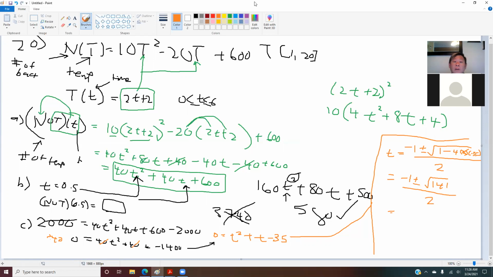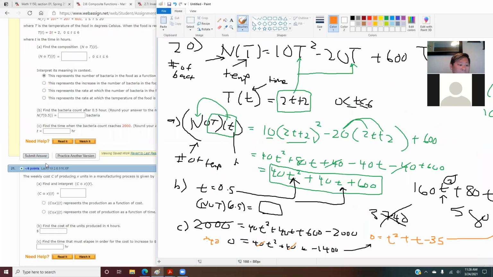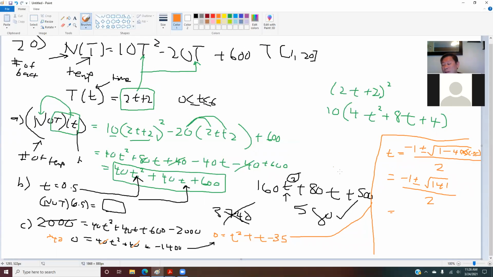Then what you need to do here, because they want it in decimals, is round your answer to 3 decimal places. So you take the square root of it. If you take negative 1 plus square root of 141, and then divide this by 2, you will get 5 point something.